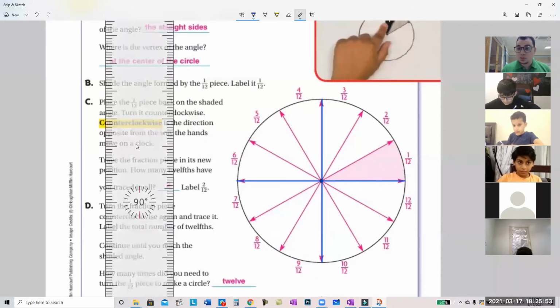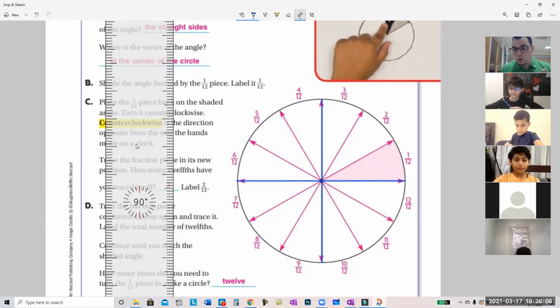So we have 4 quarters here. So a horizontal line and a vertical line, like that.